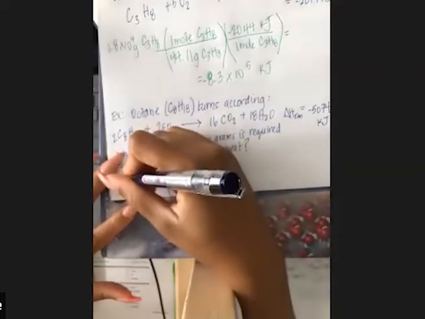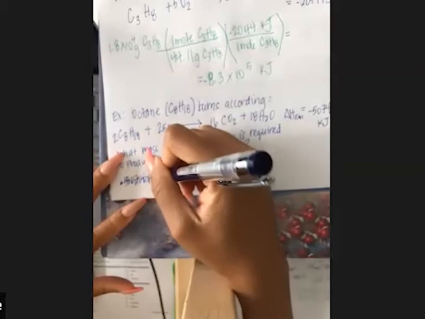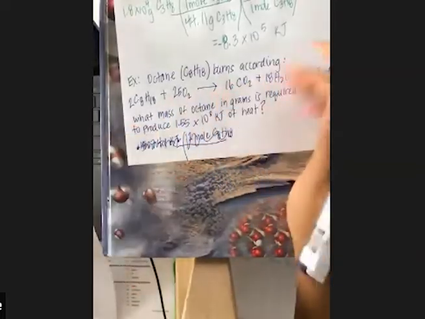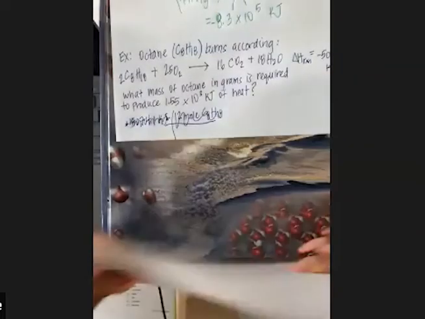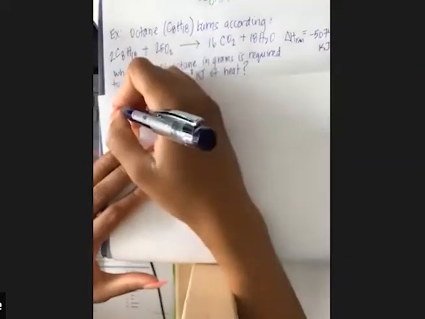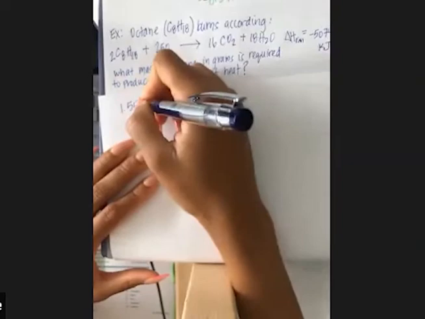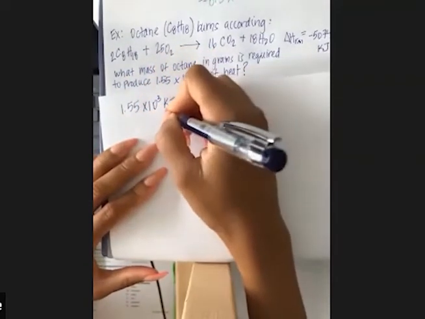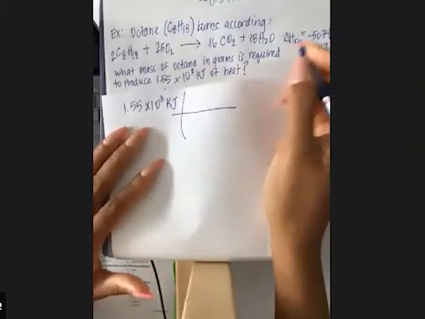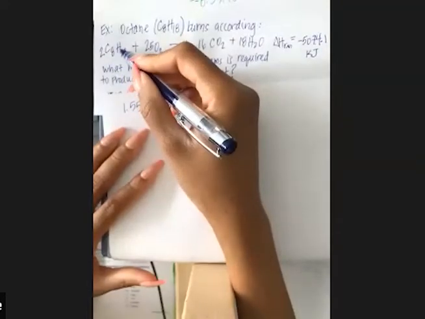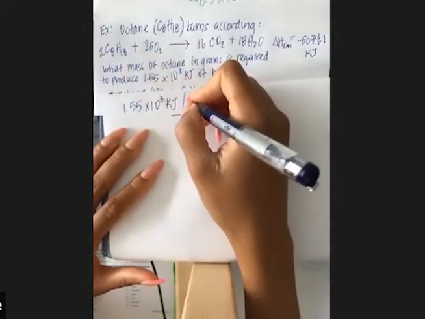Sorry, I wrote down the wrong number right here, guys. Here, let me write it on a separate sheet. Ignore this. My given is this 1.55 times 10 to the power of 3 kilojoules. If I want to convert this number to moles, the ratio is this much heat for 2 moles of C8H18.